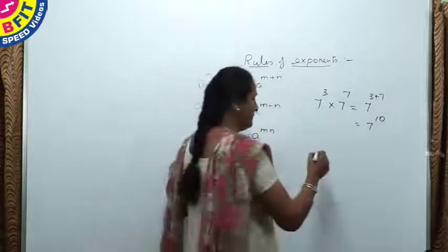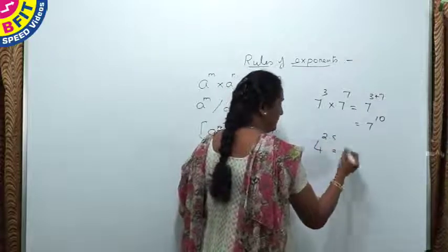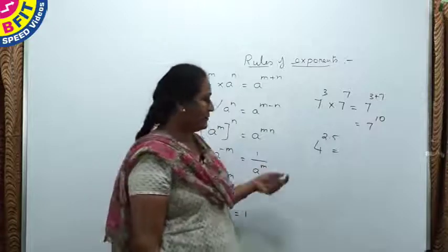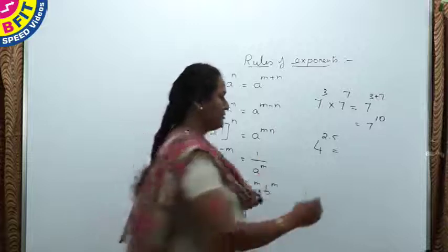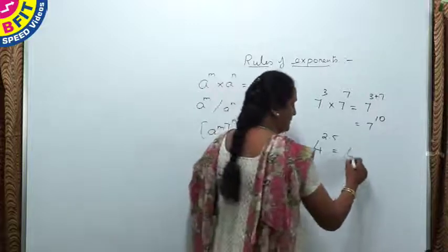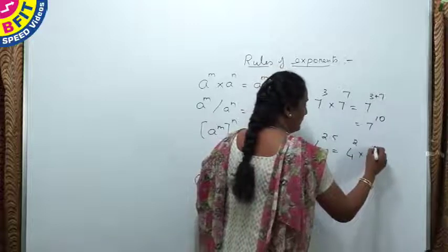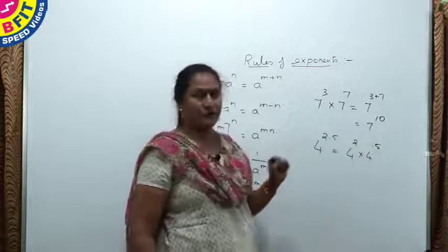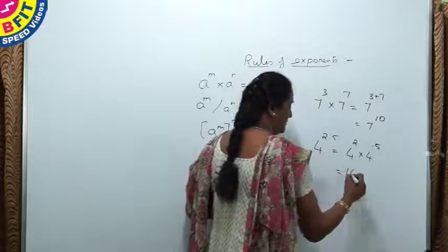Suppose you have 4 to the power of 2.5. So now what is the value of this? Here we have 4 to the power of 2.5, which can also be written as 4 to the power of 2 into 4 to the power of 0.5. So 4 power 2 is 4 square, which is 16.